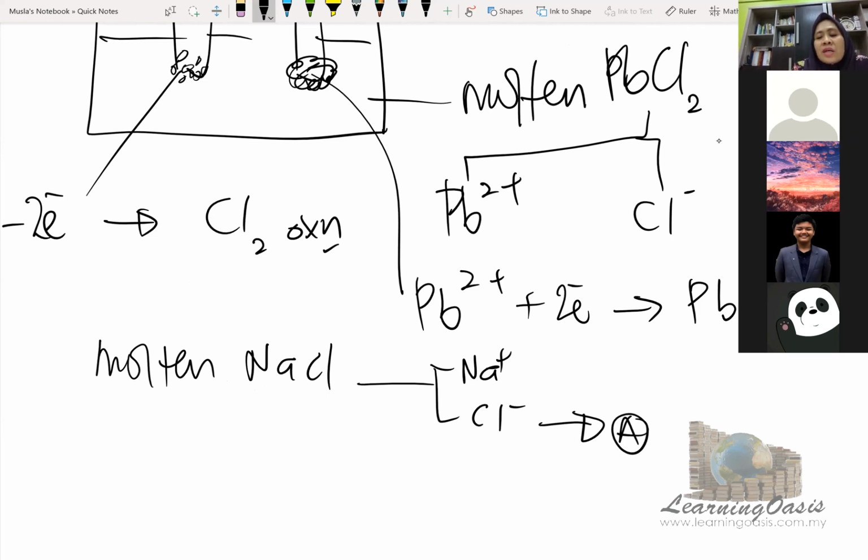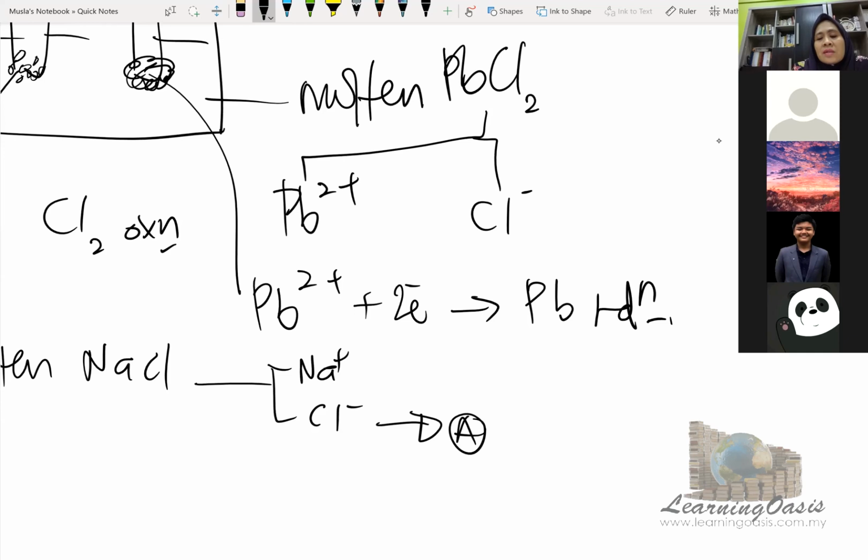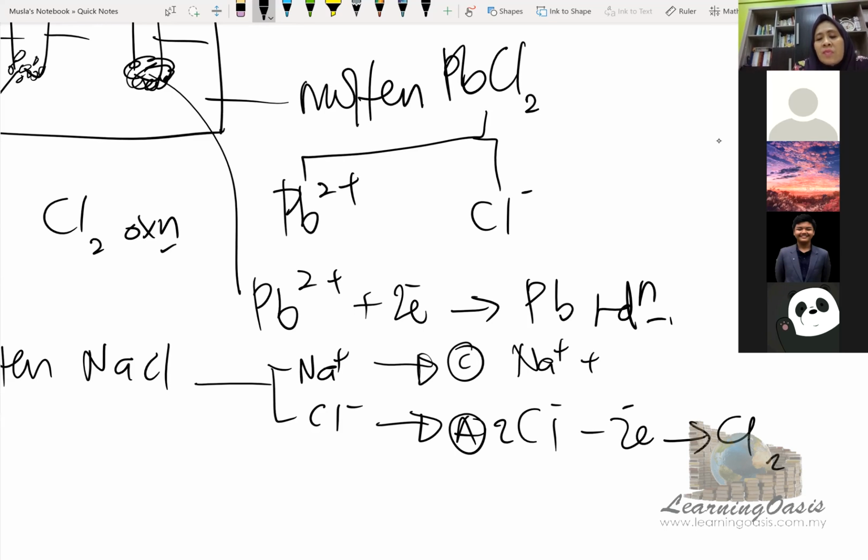Then what happened to Cl minus? It undergoes oxidation. Okay, give me the equation. Right. And Na plus will go to your cathode. So you have Na plus and an electron to give you Na.